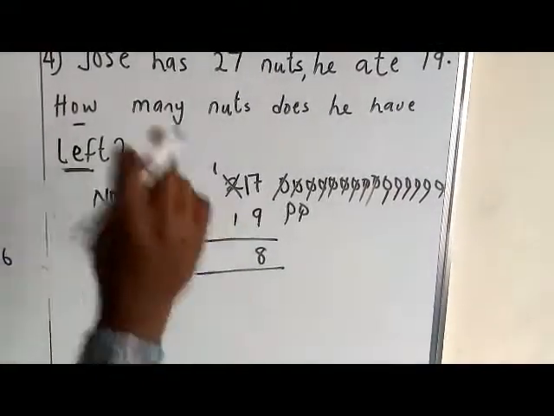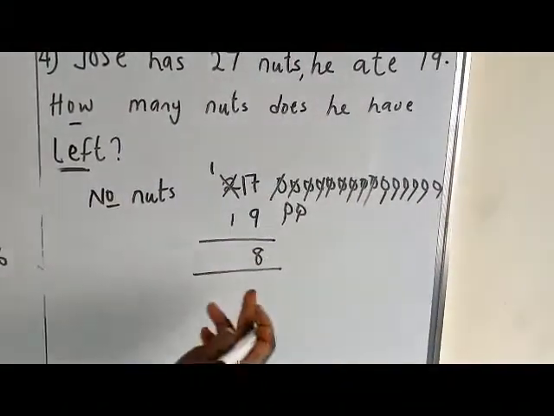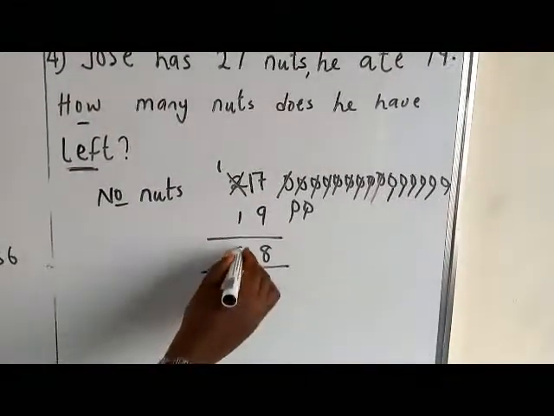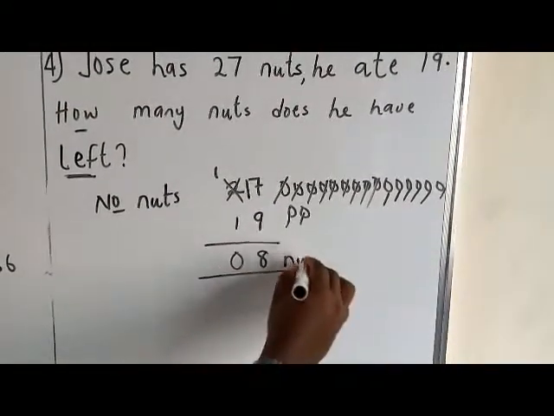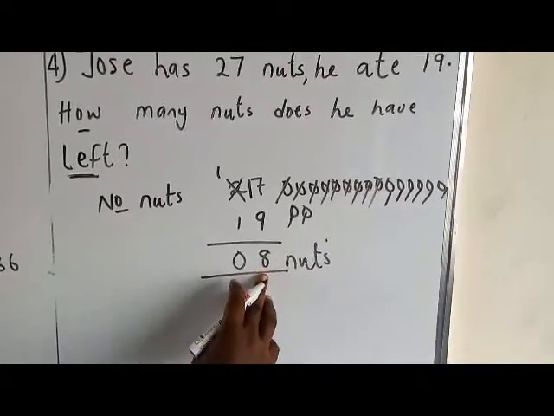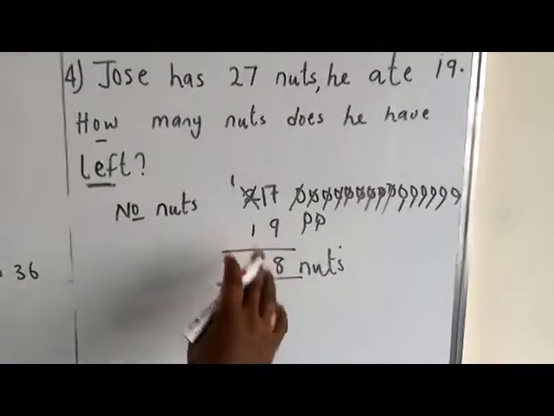The same number take away the same number is nothing. You can write 0. The one that is left is 8 nuts. I hope you understand all of this.